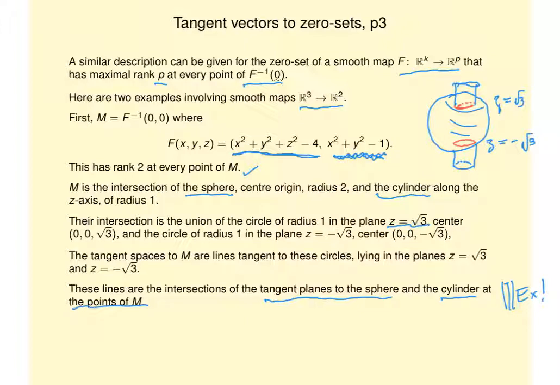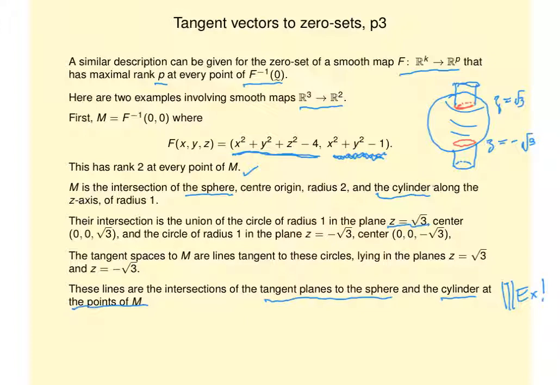That's a well-behaved example. And even if we were going from R37 to R23, if we have maximal rank at every point of the zero set, then corresponding statements would be true. The zero set would be a well-defined manifold of dimension, what did I say, 37 minus 23, so it would have dimension 14.